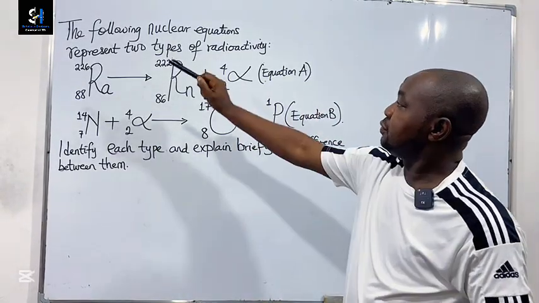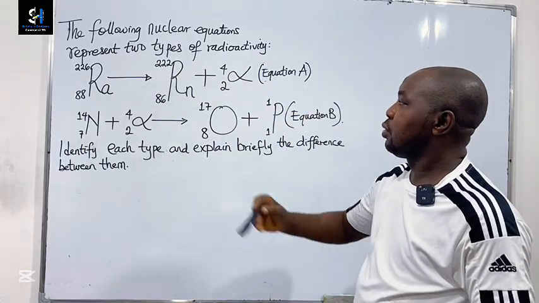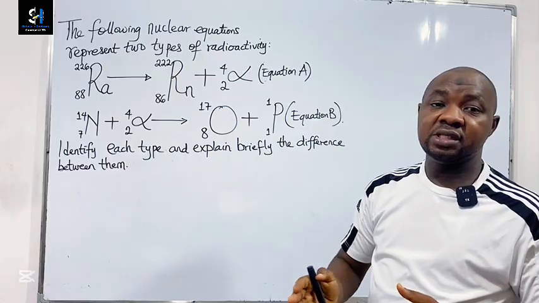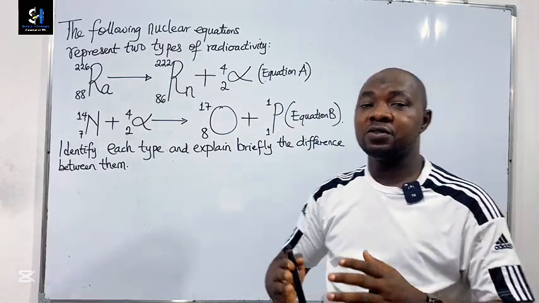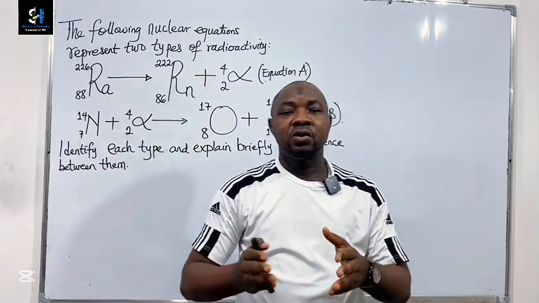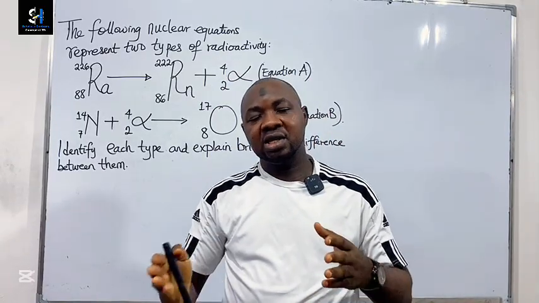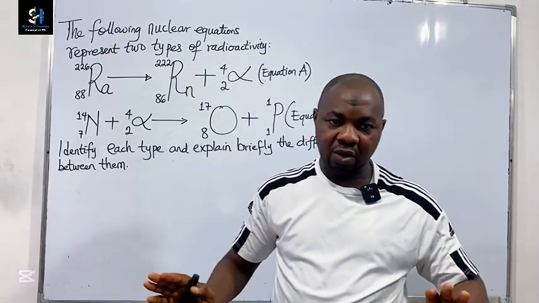And I read, the following nuclear equations represent two types of radioactivity. Radioactivity is a process in which nuclei of certain elements undergo spontaneous disintegration without excitation by any external means.